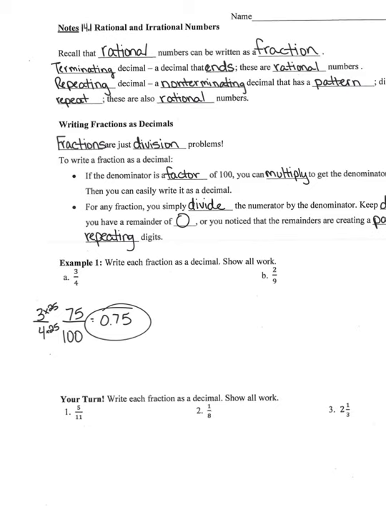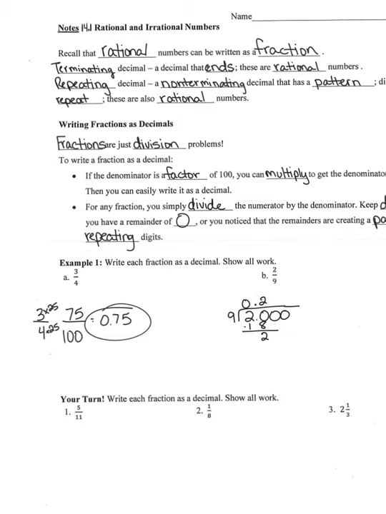Next we have 2/9. Because 9 is not a factor of 100, this is one where I am going to divide. So again, top dog in the house. Now I need to add a decimal and any number of zeros. I usually start with 2 or 3 zeros to begin. I'm going to bring my decimal point up. 9 goes into 2 0 times. 9 goes into 20 2 times.